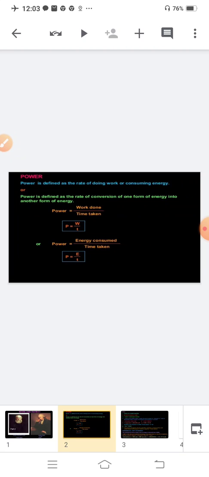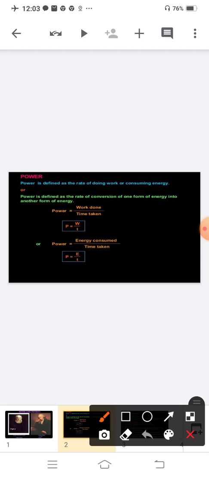Clear? So, power is defined as the rate of doing work or consuming energy. How will you define power? Power is defined as the rate of doing work or consuming energy. Clear? Power is also defined as the rate of conversion of one form of energy into another form of energy.